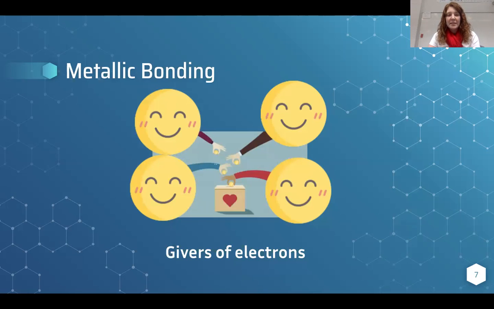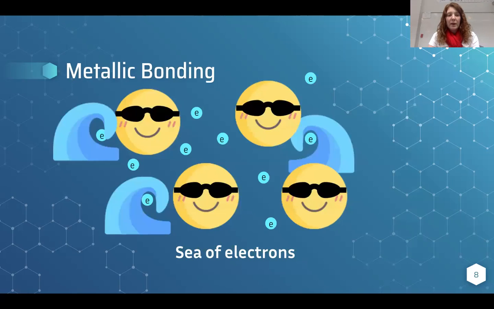So what happens if there's no one to receive the electrons? Well, those electrons end up floating in a big pool or a big sea in between the metal atoms. So here we've got our metal atoms, and they're just swimming around in this sea of electrons. There's no one to receive the electron, so the electrons just hang out.